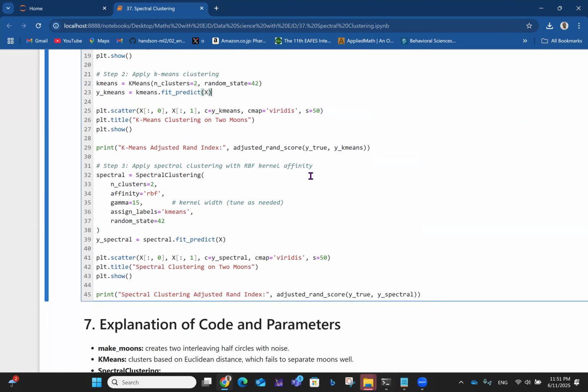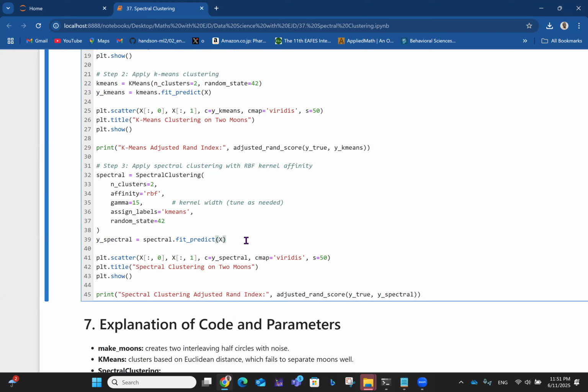Then you can apply spectral clustering with radial basis function kernel affinity. So you go spectral now. You have SpectralClustering, n_clusters of two. Affinity is the radial basis function, gamma is 15. That is the kernel, tune as needed. You can always change this gamma as you like. We saw that gamma before. Then the assign labels, you have kmeans, and the random state is 42 for reproducibility.